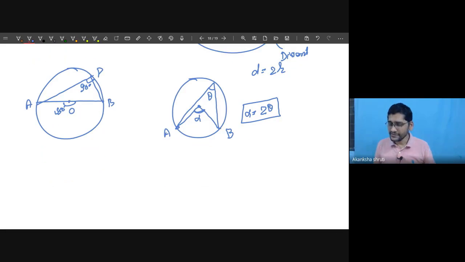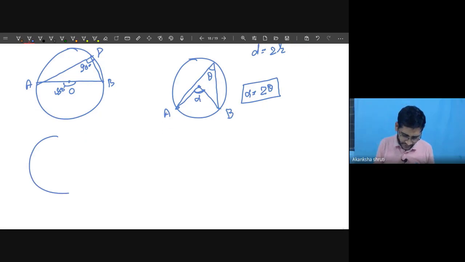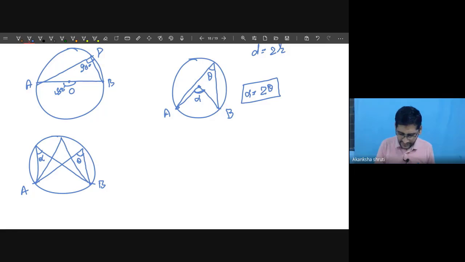What is the other relation? The other important thing is that, considering the points A and B irrespective of the center, if it is given that this angle is theta, consider another angle as alpha, and this angle as beta, on the same arc AB, then alpha is equal to beta is equal to theta: equality of angles on the same arc.